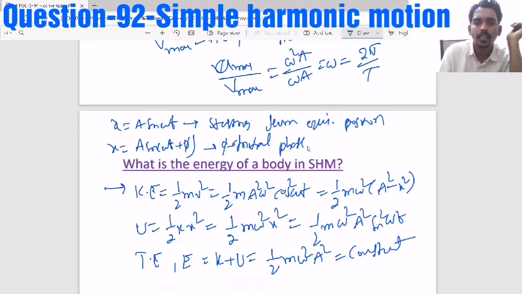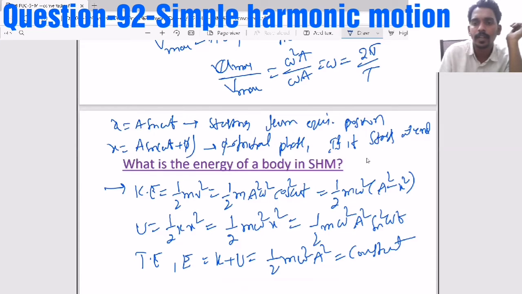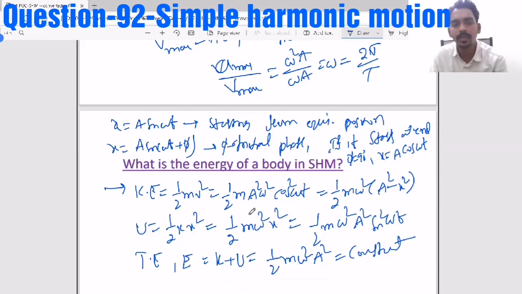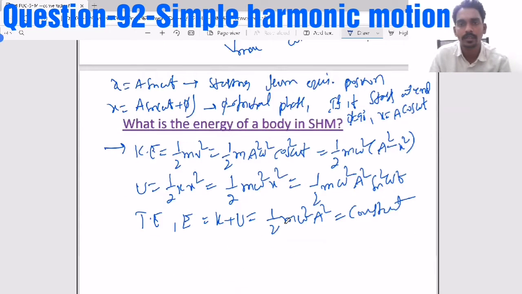And if it starts at the end position, phi is 90 degrees, then x will become a cos omega t. So the equation can be sine or cos depending upon the question given. Starting from equilibrium means sine will come. Starting from the end position means cos will come. That is also sometimes important.